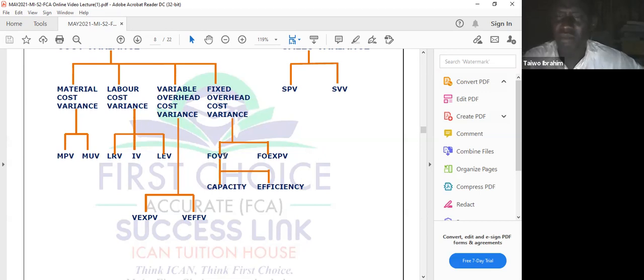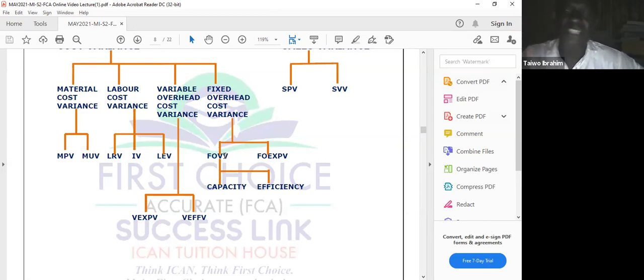You can understand now that fixed overhead volume variance is not just a variance due to what you wanted to expend and what you actually expended. No, its difference is caused by the over or under absorption of fixed overhead.